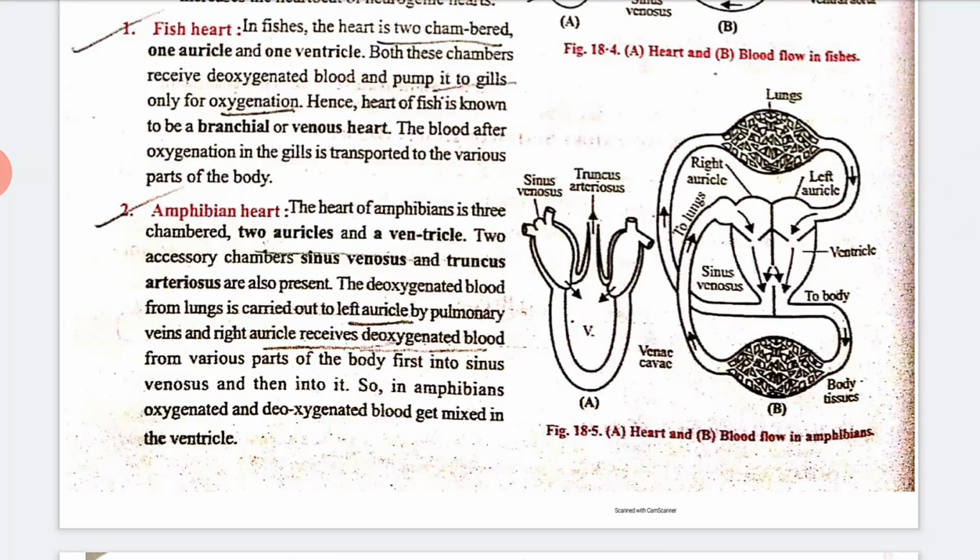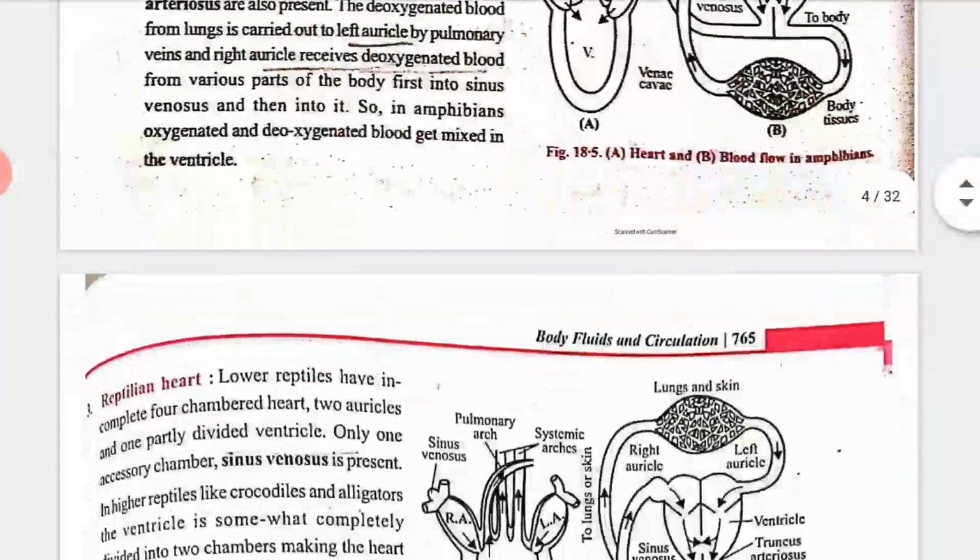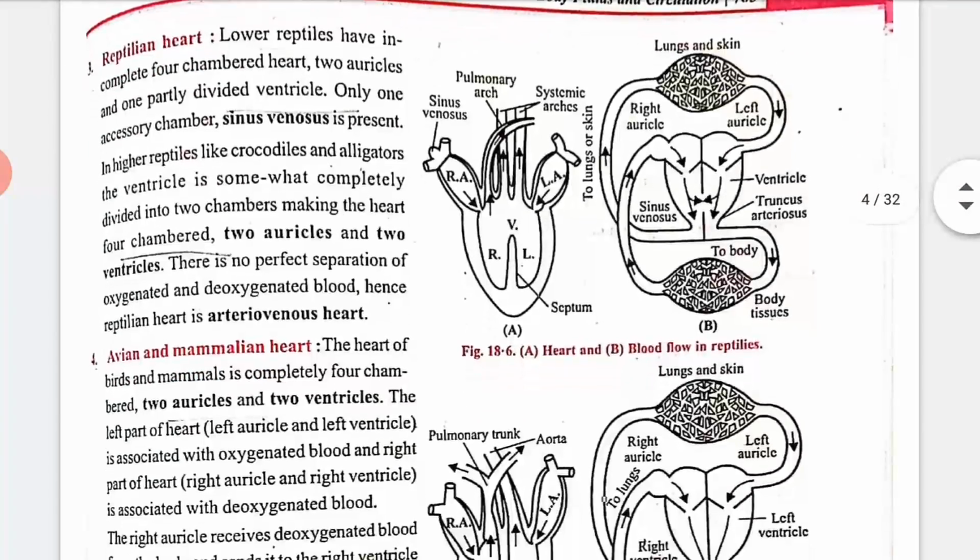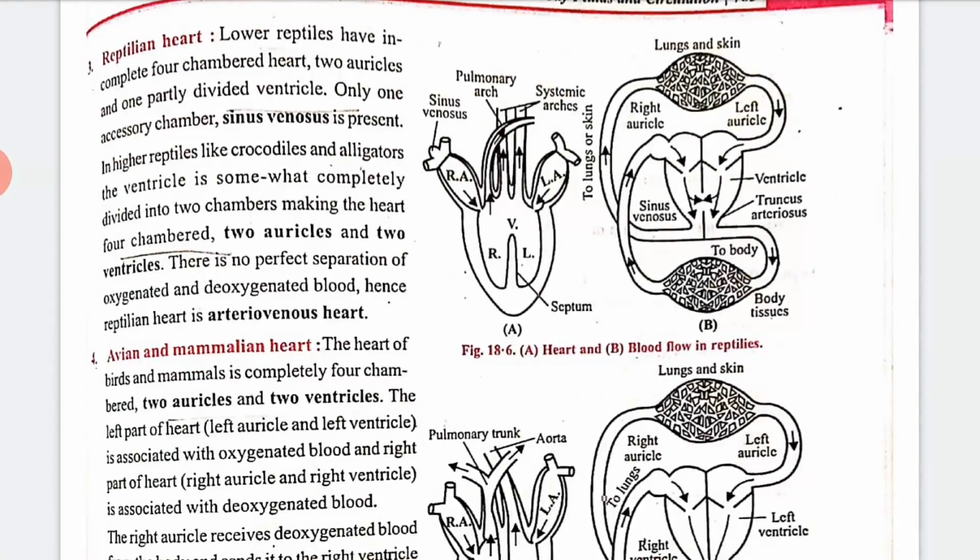You see here a picture is given, you can see. Now in reptilian hearts, which type of heart is found? So lower reptiles have an incomplete 4-chamber heart, 2 auricles and 1 partially divided ventricle. Only one accessory chamber, that is sinus venosus, is present.